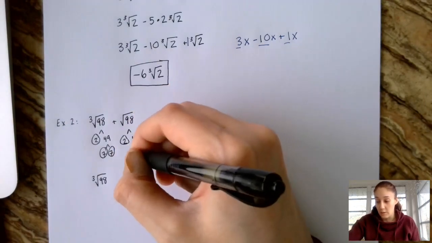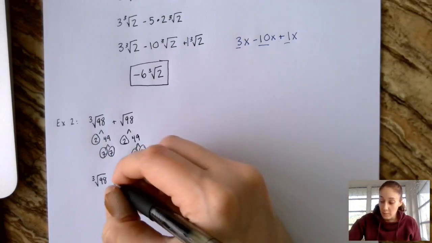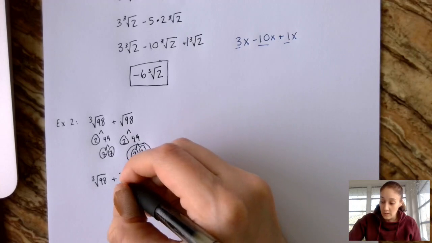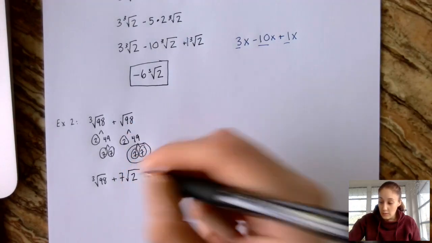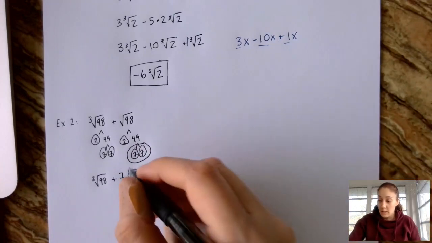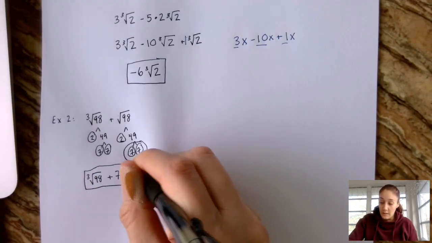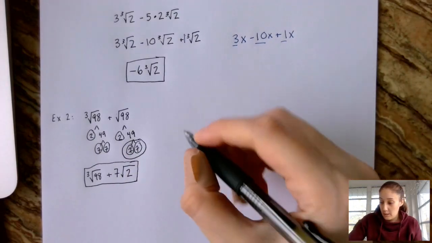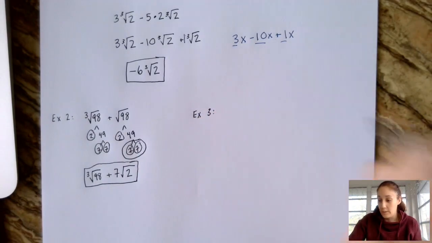I didn't actually need to do all this work again. But when I break it down, I end up getting one group of 7s, so I have a 7 on the outside. Remember, this is a square root, and then 2 goes inside. Alright, and now this is my final answer because I can't break it down any further.